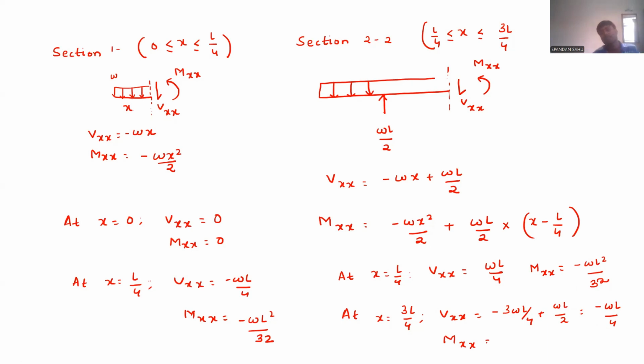So what will be the value of MXX now? Please tell me. Just substitute x equal to 3L by 4 in the second equation, that is MXX, and give me the final value.